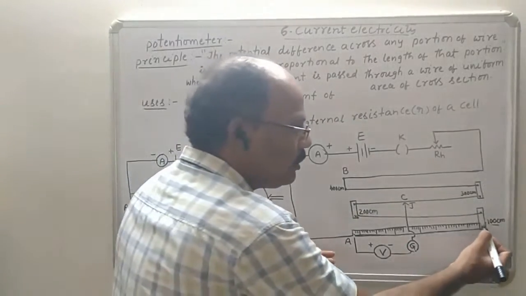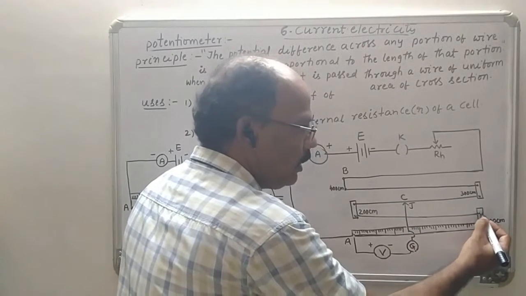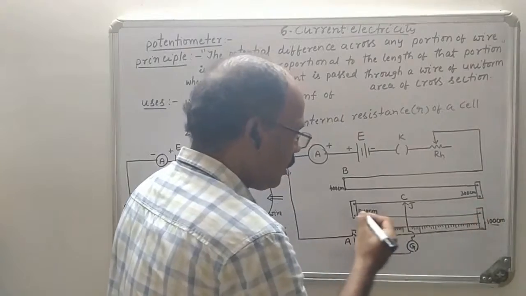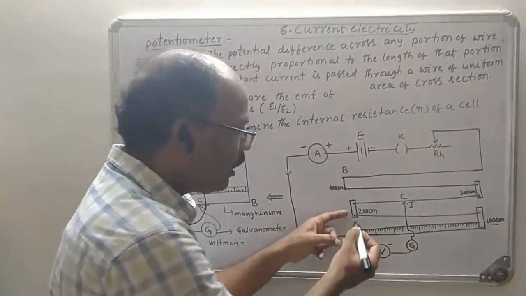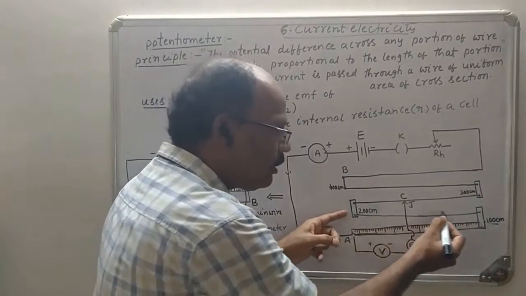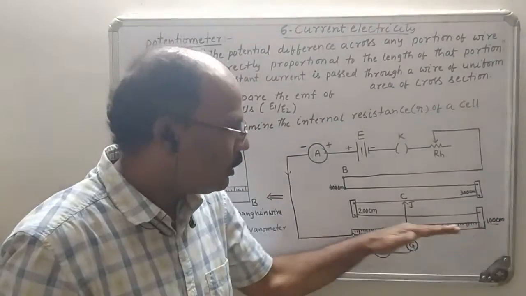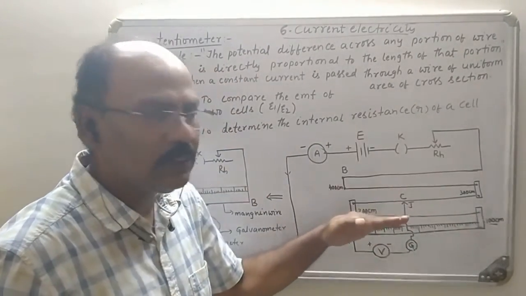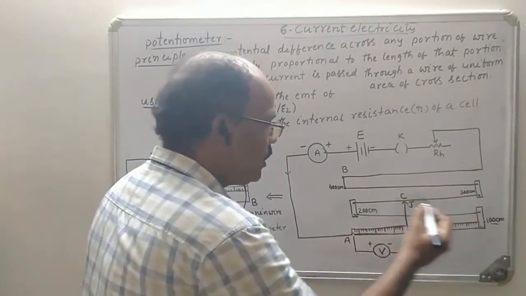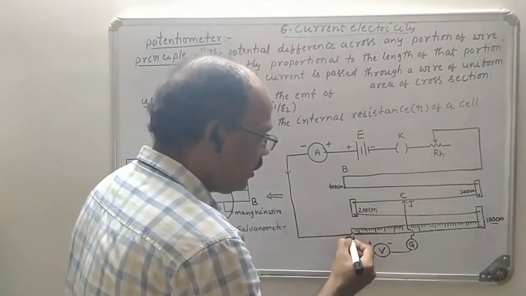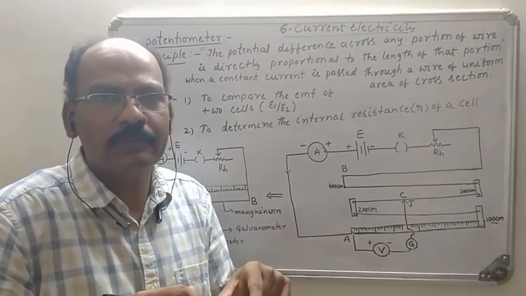So the end point is connected or fixed with copper strips. These are called the copper strips. This point is again connected to another segment whose length is similar to the first one, 100 centimeters. Like this, 6 or 10 meters of wire is connected in parallel position between points A and B, fixed on the wooden board.